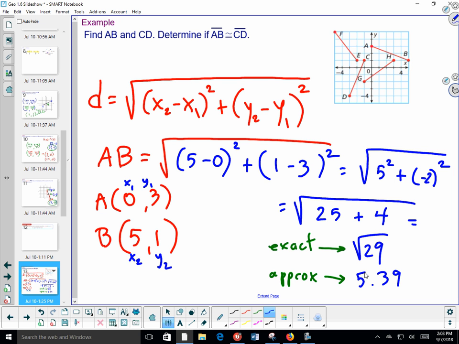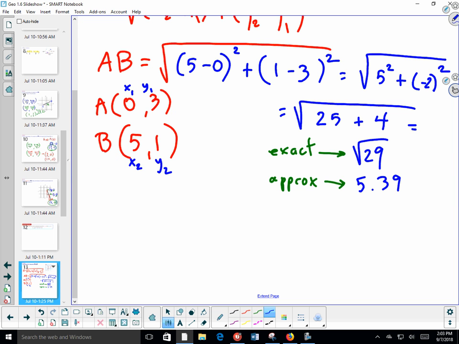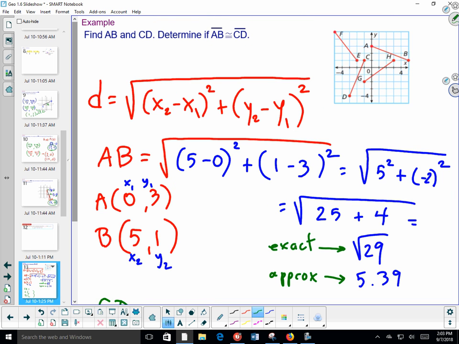All right, let's find the length of segment CD. We're not done yet, we're trying to find CD. That means we need the ordered pair for C and the ordered pair for D. Can you help me out with those ordered pairs, Rachel?